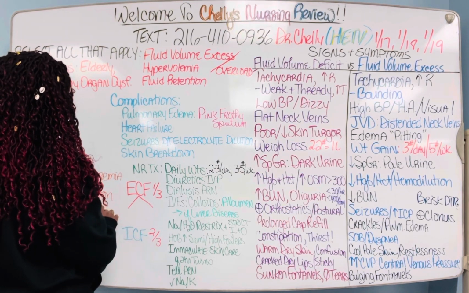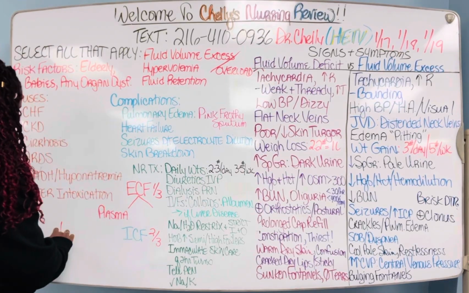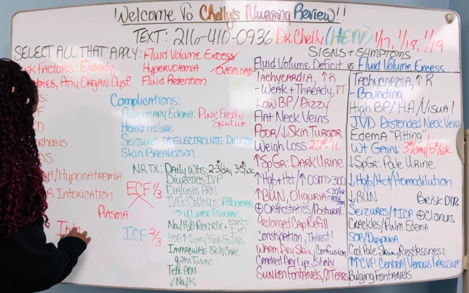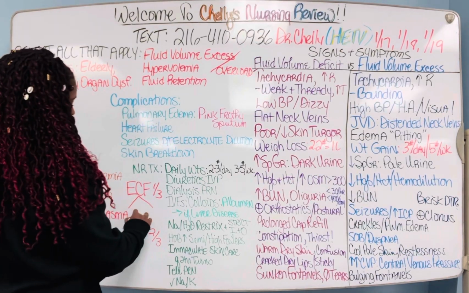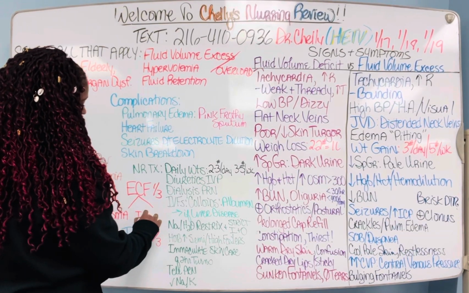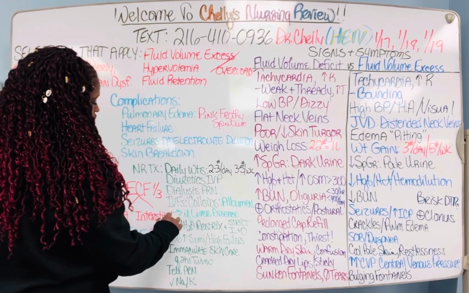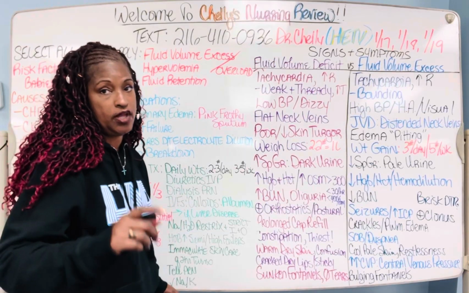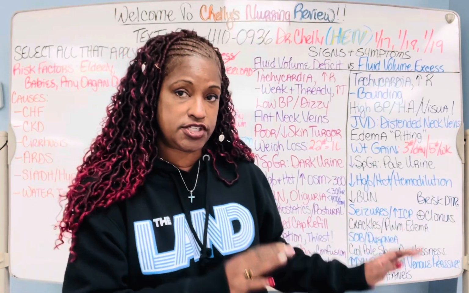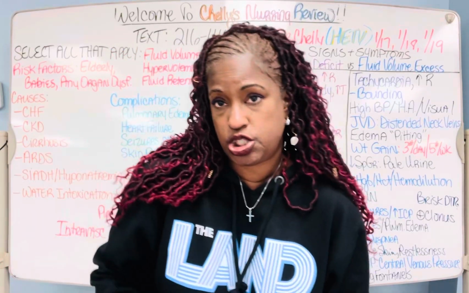Extracellular fluid is plasma, which is another name for intravascular fluid, and what we call interstitial fluid. Interstitial, I teach you guys to say interstitial in the tissue, interstitial in the tissue.